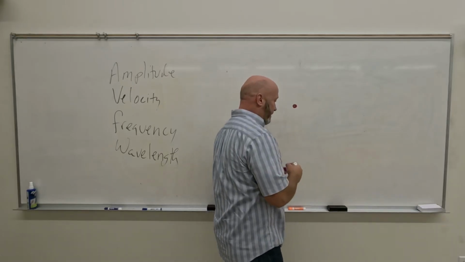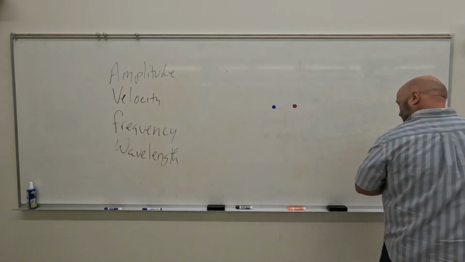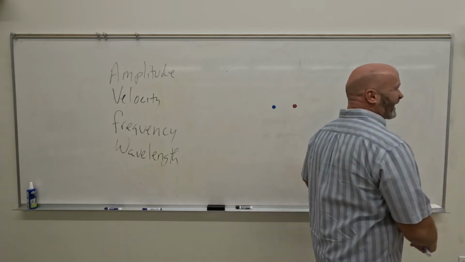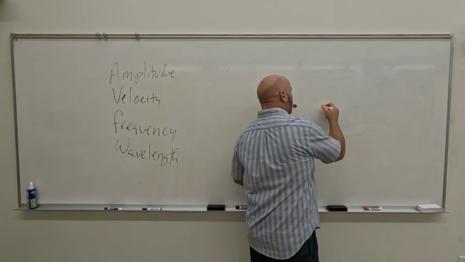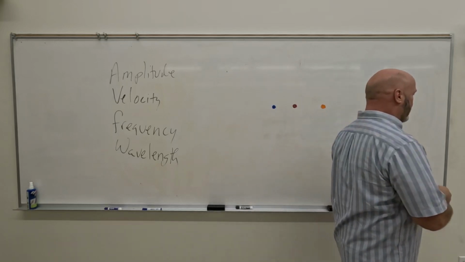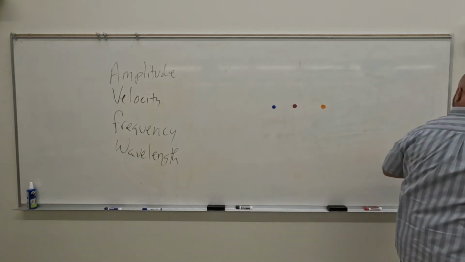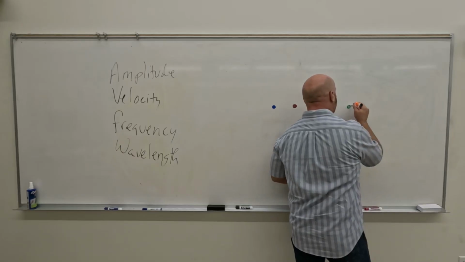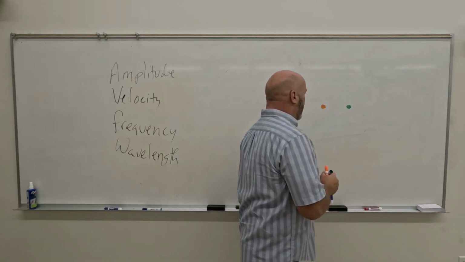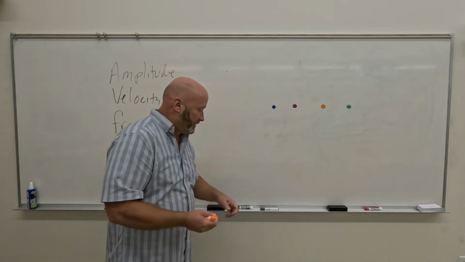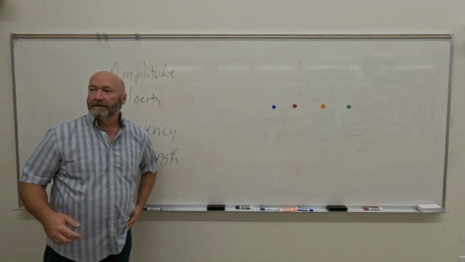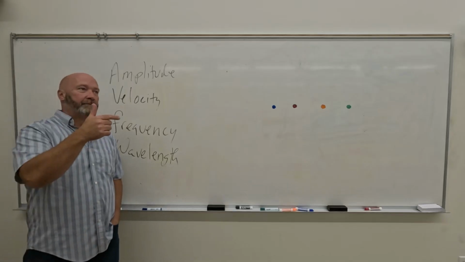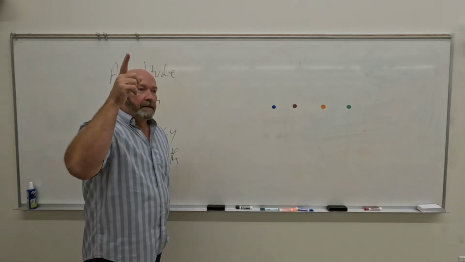What color is that? Red. Maroon. Yeah, we're gonna call it red. We're gonna say it's red, but it's kind of maroon. What color is that? Orange. And this would be green.